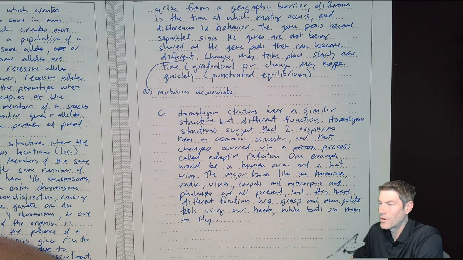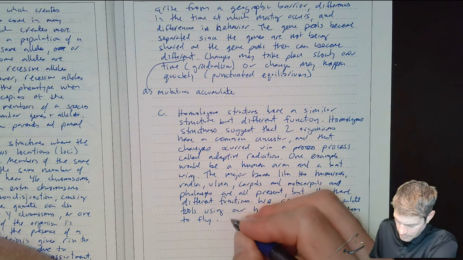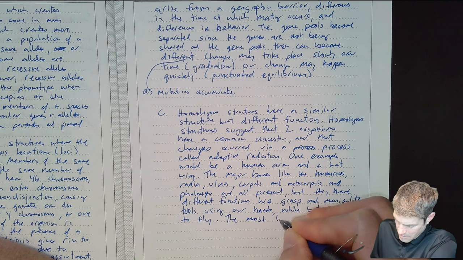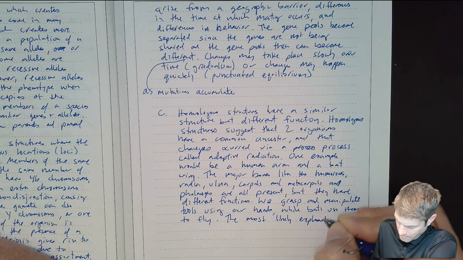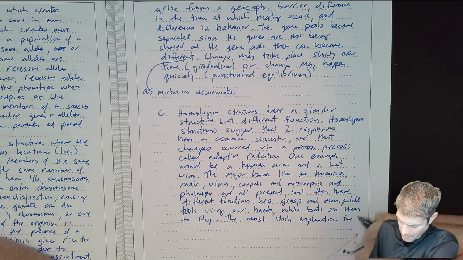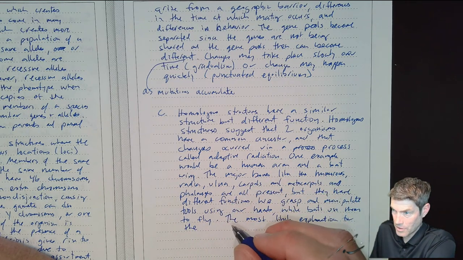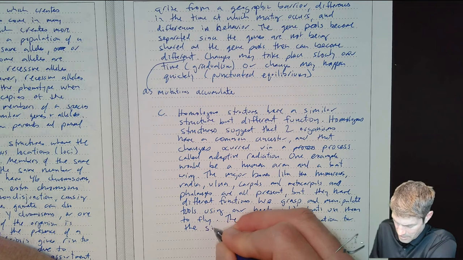Since they're so similar in structure, that's where that evidence for evolution comes from. See, the most likely explanation for the similarity in structure is that they were closely related at one point.